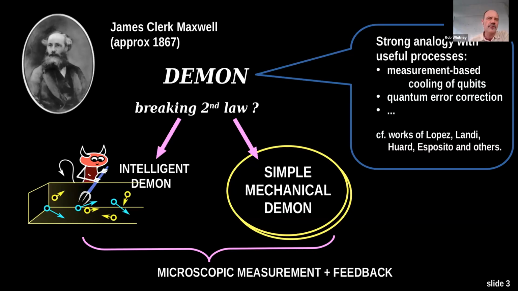So that's the unifying feature between both intelligent demons and mechanical demons: they all have to make some sort of microscopic measurement followed by some sort of feedback on the system based on the result of that microscopic measurement.